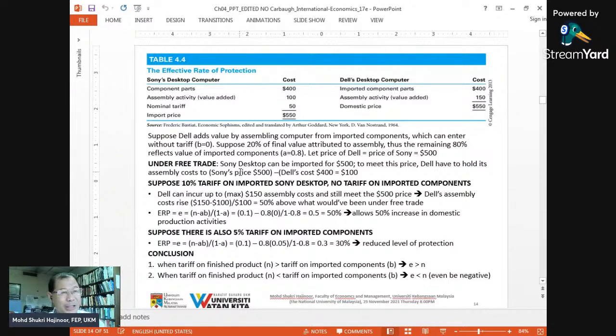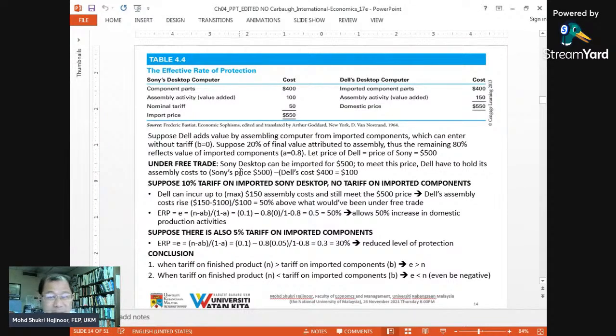The basic idea: Dell cannot be even $1 more expensive than Sony's. If Sony is $500, Dell must sell also at $500. If 501, by logic I will buy from Sony because it's cheaper by $1.